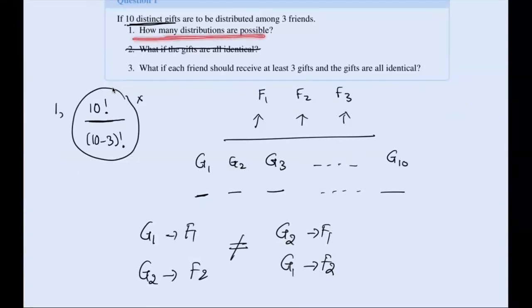So for part one, it is when the gifts are distinct. I see some students give this answer. How did you get it?